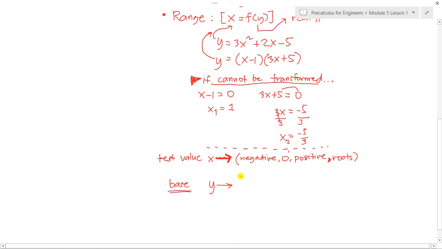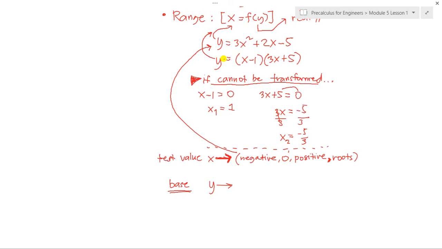Okay. So let's plug in. Let's say our x here is negative. So go back to your function. Let's say 3 times negative 500 squared plus 2 times negative 500 minus 5.